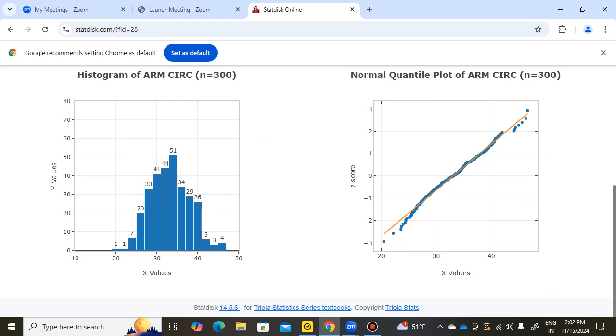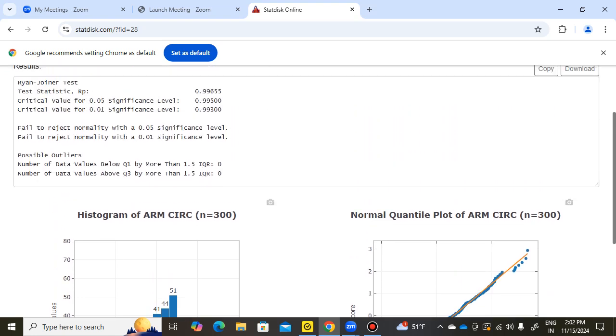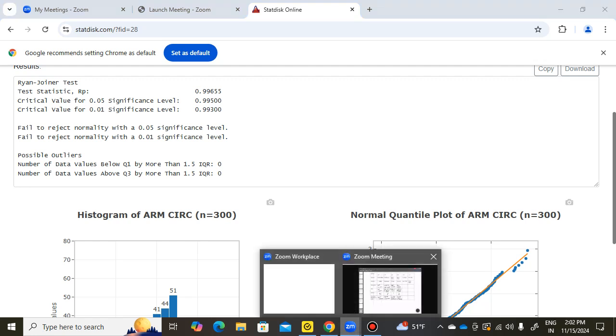One end is a little bit farther than we may like, but it's still pretty close. 0 outliers. Again, fails to reject normality. Okay, so we're looking at 2 sets here that are pretty close to normal.